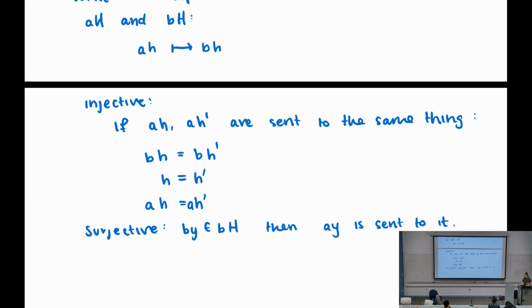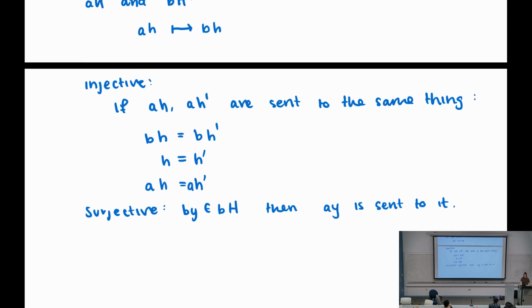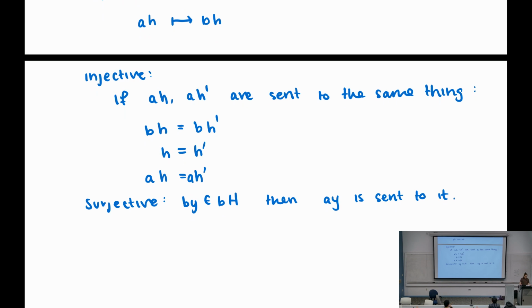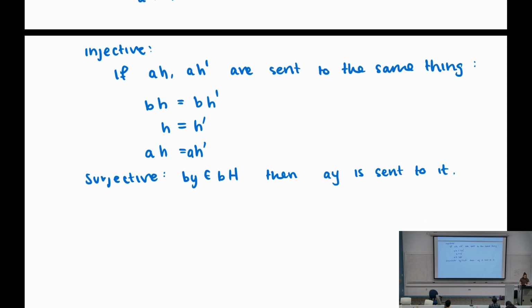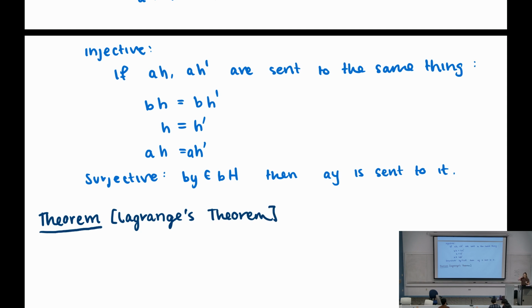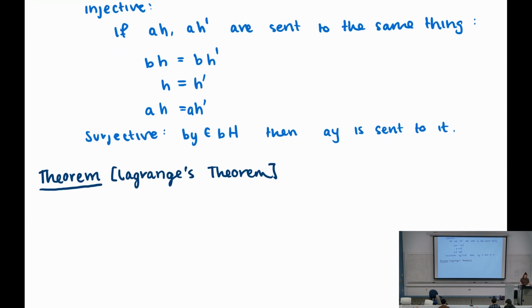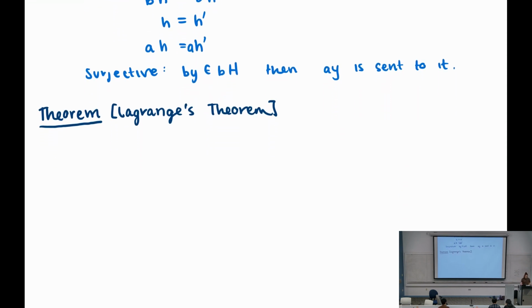Okay, so now we are ready to state and prove the most important theorem of finite group theory. So this is called Lagrange's theorem. And this is going to generalize some results that we've seen already for cyclic groups, but more generally to any finite group.